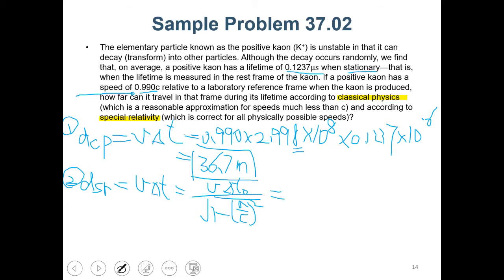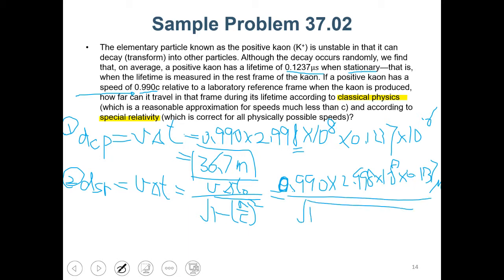So it would be something like 0.990 times 2.998 times 10 to the 8 times 0.1237 microsecond over the square root of 1 minus 0.990 squared.